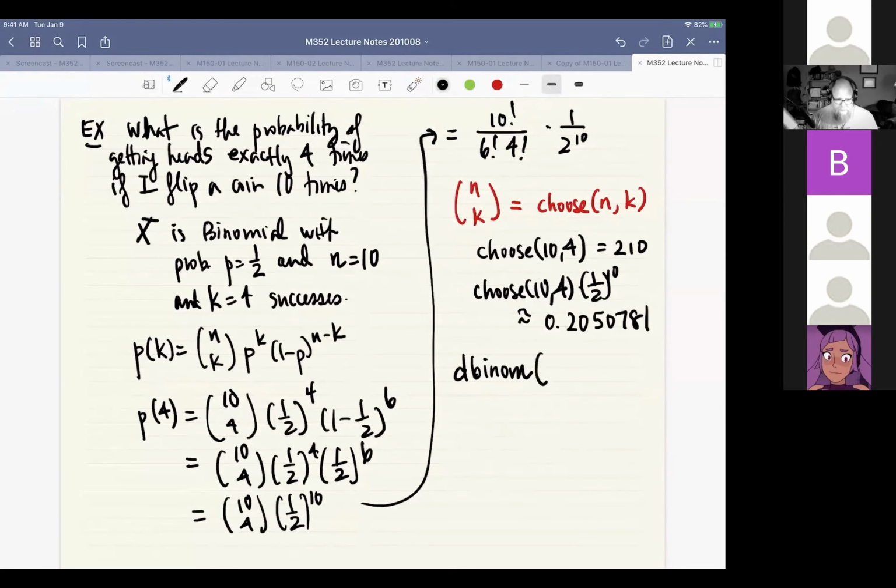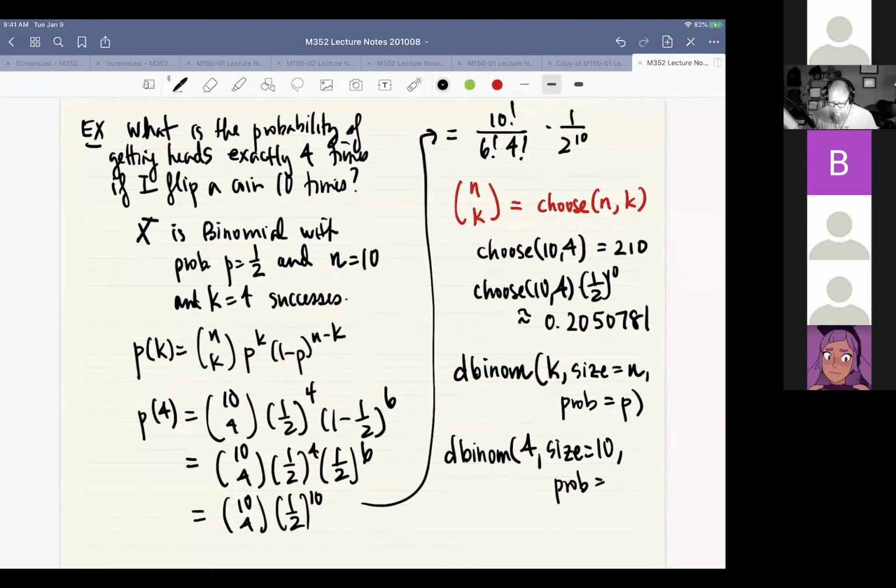So dbinom, and its parameters are K, and then you put in size equals, and then your number of trials, and then you put in probability equals P. So for us, we want to type in dbinom 4, comma, size equals 10, comma, prob equals 1/2. And if you do that, you get 0.2050781, which is exactly what we expected to get.